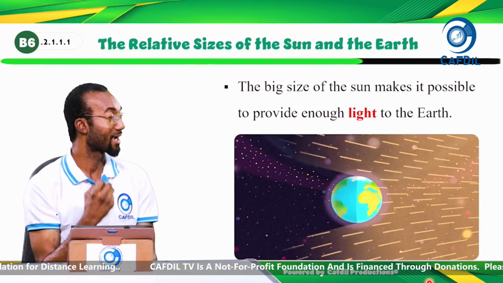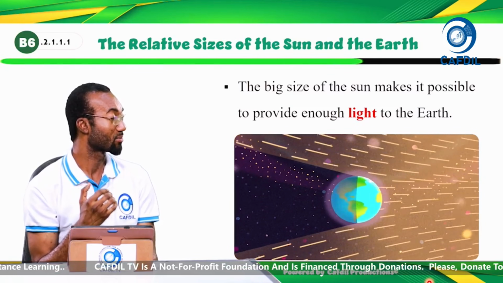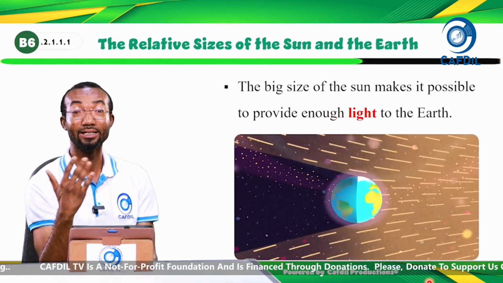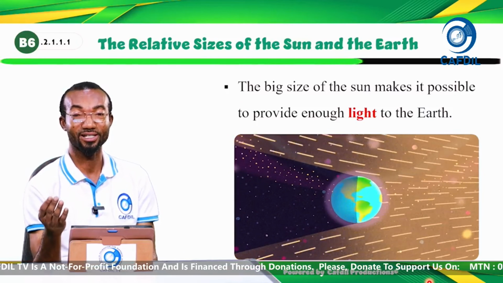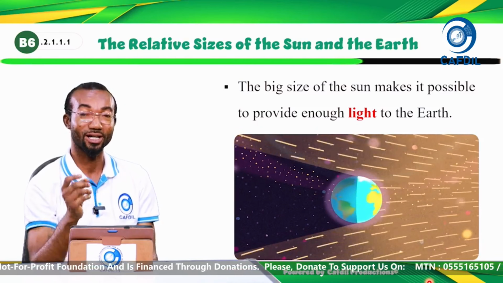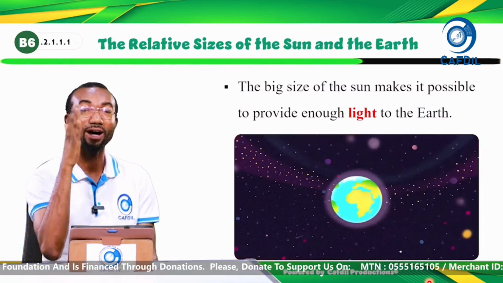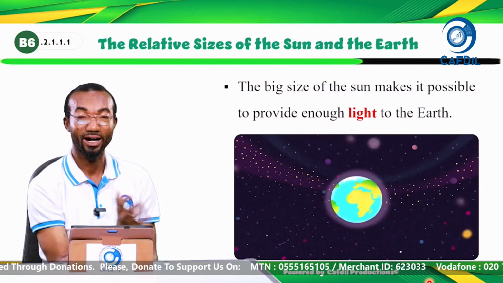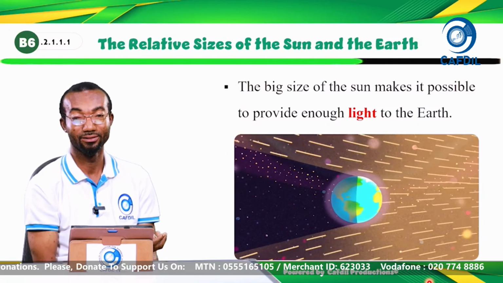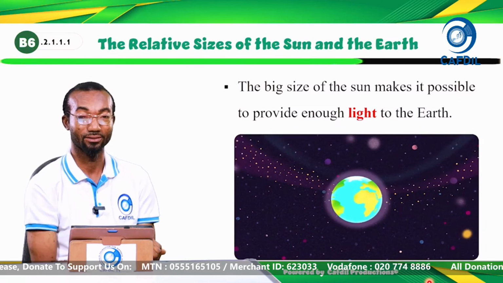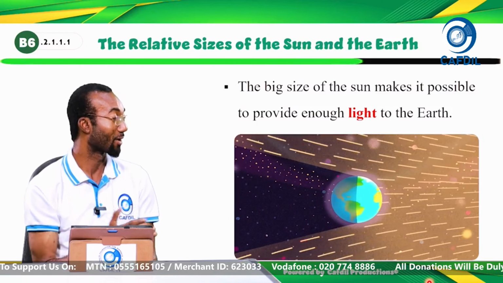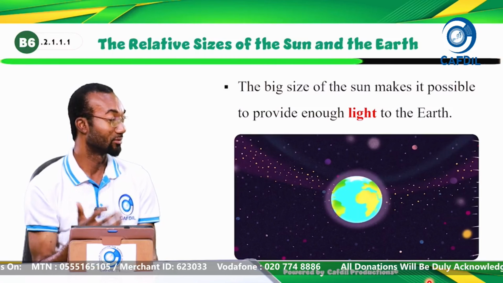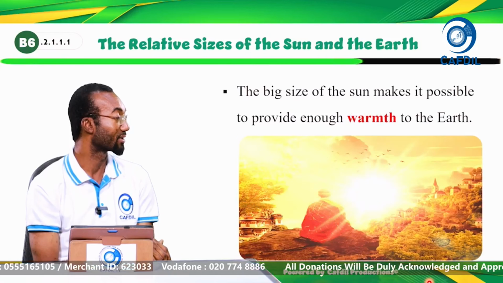Out of the 24 hours, we can have half as day and half as night. It helps us get 12 hours of light so that we can go about our normal activities.